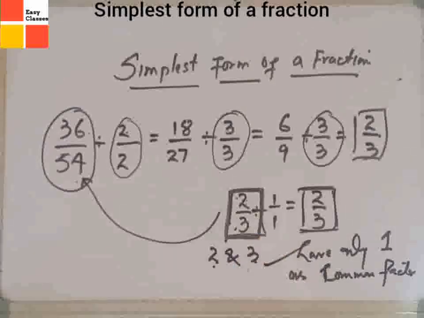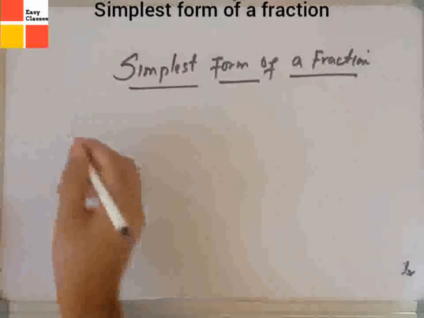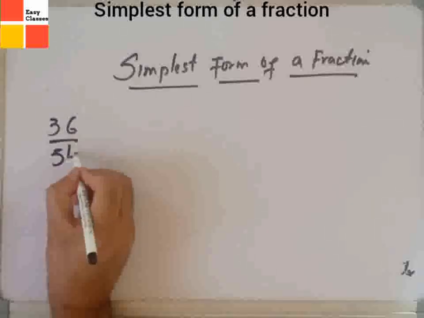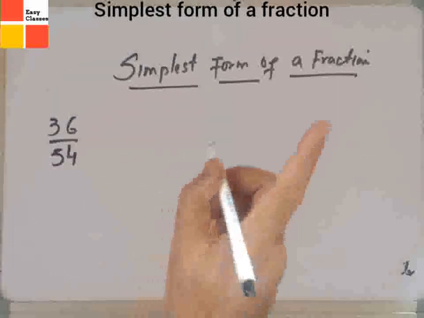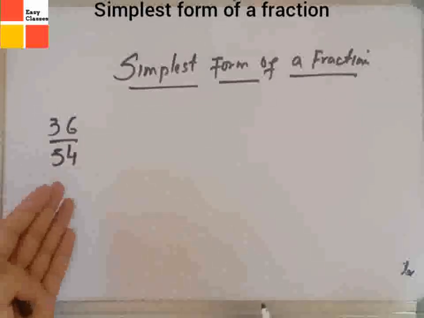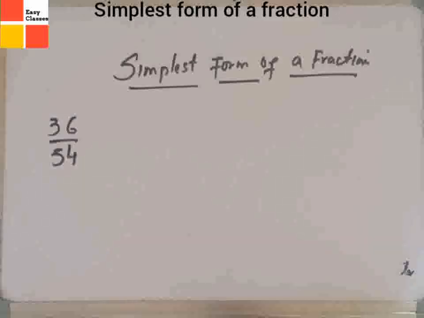Let's talk about that. I will take this example again, 36 divided by 54. Yes, there is a systematic method with which we can quickly convert this fraction into its simplest form.